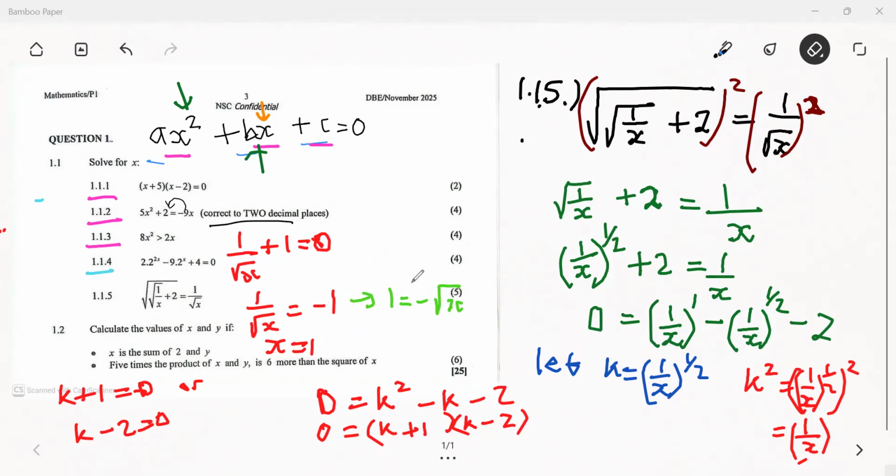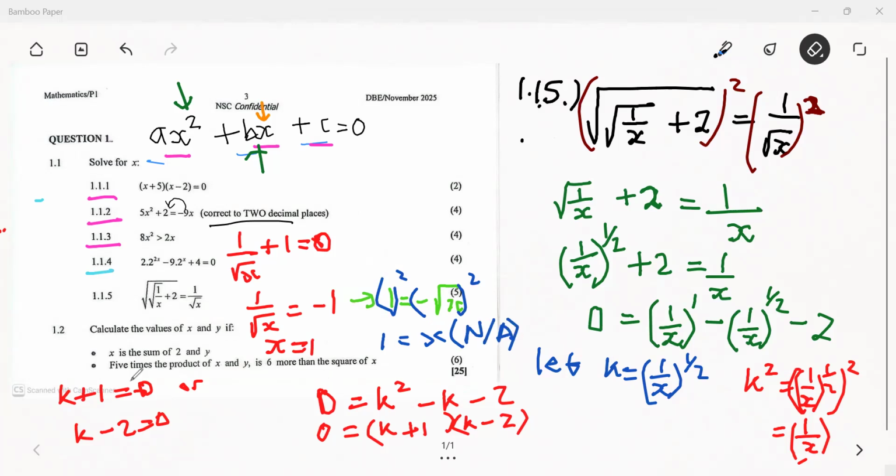And then you just square both sides. It's going to be 1 is equal to, the square goes away and the square root goes away, so x equals 1. But when you check this solution, it actually doesn't equal on either side. So I said not applicable.